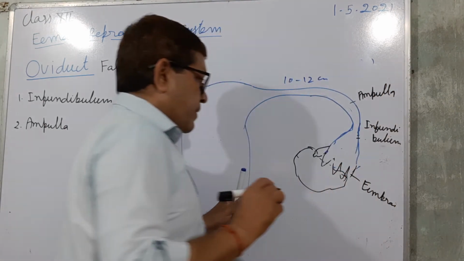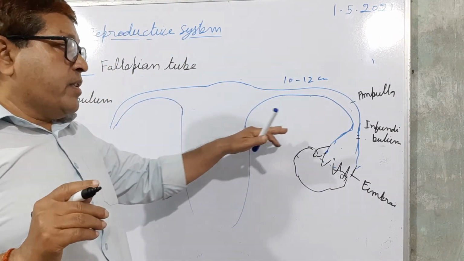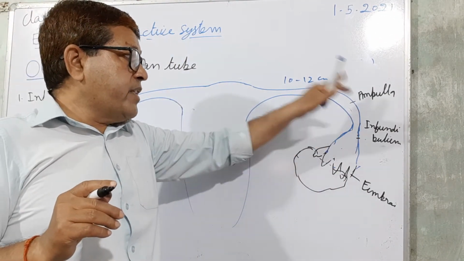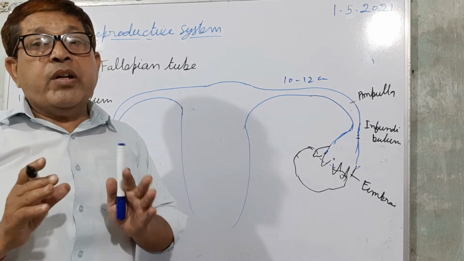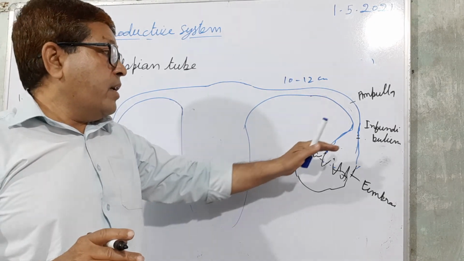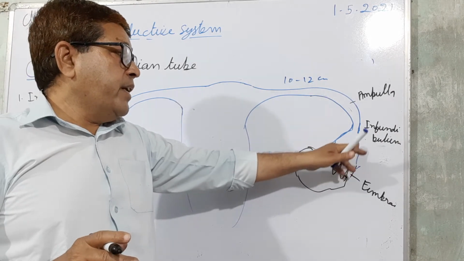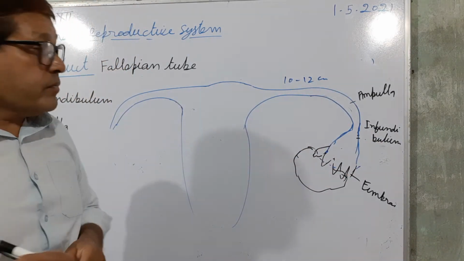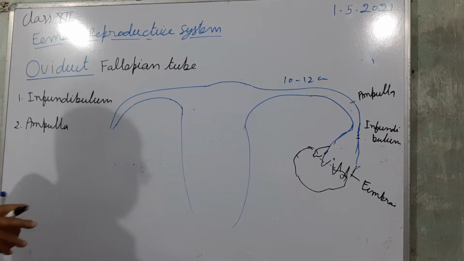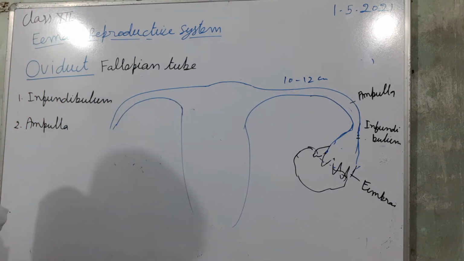The infundibulum leads into the ampulla. It is a little broader part of the fallopian tube. So one part infundibulum, next part is ampulla, and the next and last part is called as the isthmus.